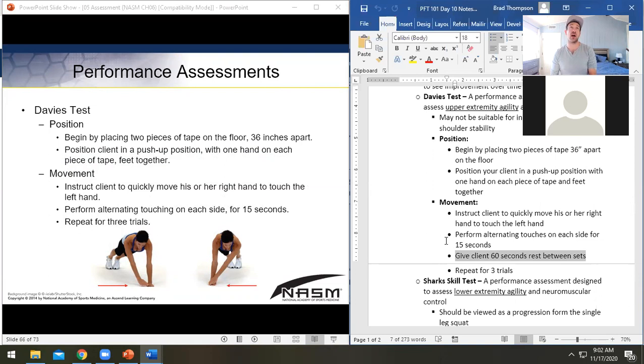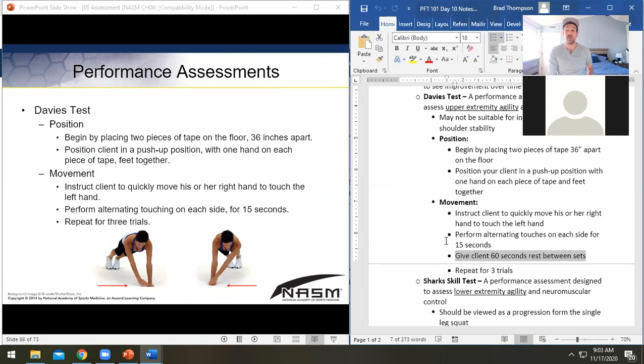Now, in the real world, 36 inches is pretty freaking far apart for certain clients. If your client is like 5'3", 36 inches apart is like a mile away. So you can always modify this. You just got to make sure that you write that down and be consistent the next time you test your client, right?